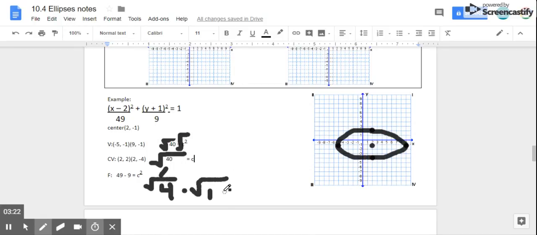Right, because 10 times 4 is 40. And then how would you rewrite this? Square root of 4 is 2. Can't break down the square root of 10, so that stays square root of 10. And then how do we make it a foci and not just a focus? You should add plus or minus.